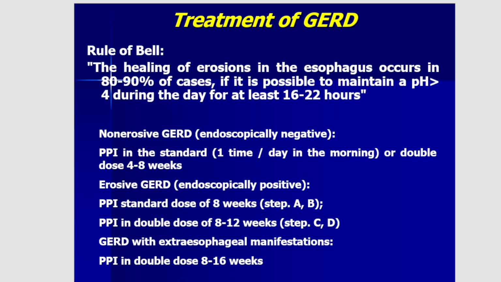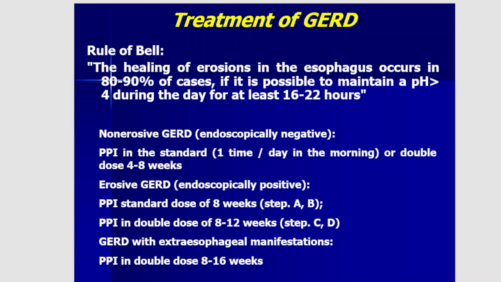In case of non-erosive gastroesophageal reflux disease, or the endoscopically negative variant, proton pump inhibitors in standard or double dosage once per day in the morning before a meal for 4 to 8 weeks.